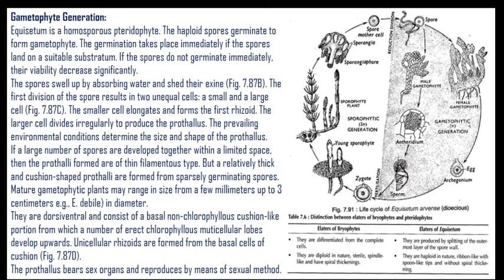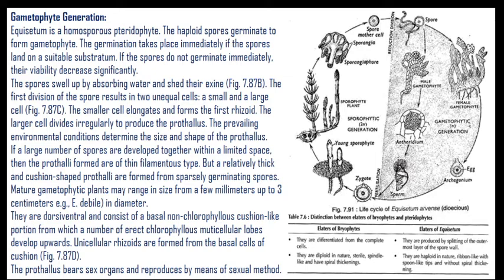The spore swells up, absorbing water, and sheds its exine. The first division of the spores results in two unequal cells called a small and a large cell.